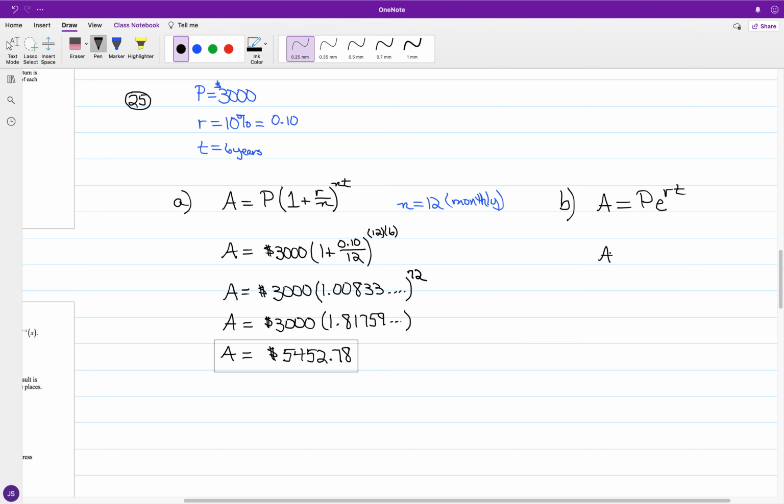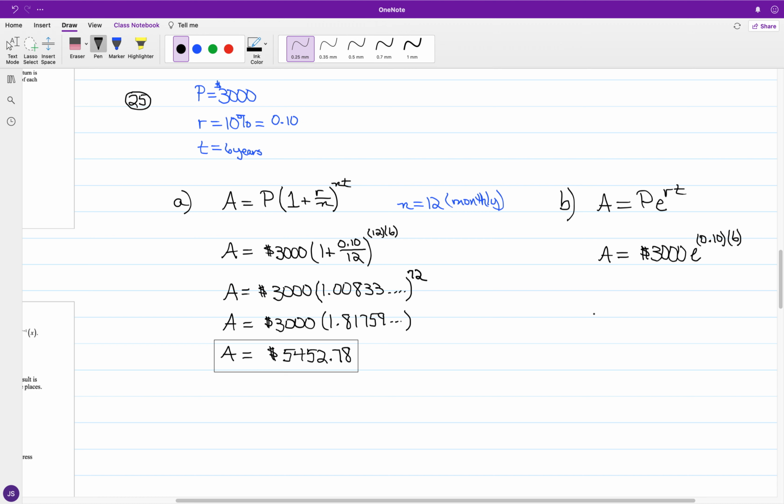Looking at filling in the principal, rate, and time: P is $3,000, and for e to the r times t, r is 0.1, and the time span is 6 years.